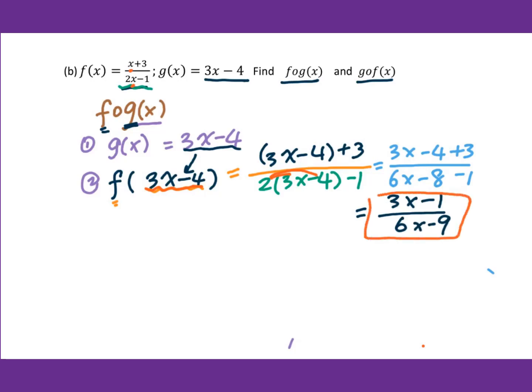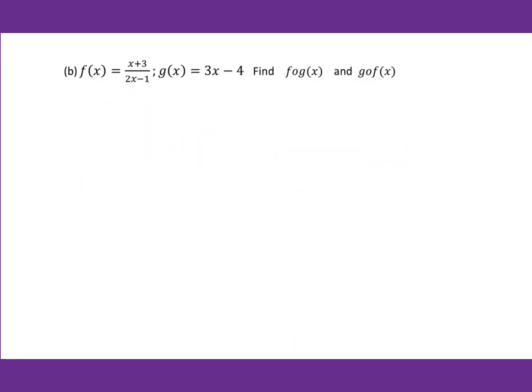That's the solution to f of g of x. Now we do g of f of x. Inside first means f of x first. F of x equals x plus 3 over 2x minus 1.